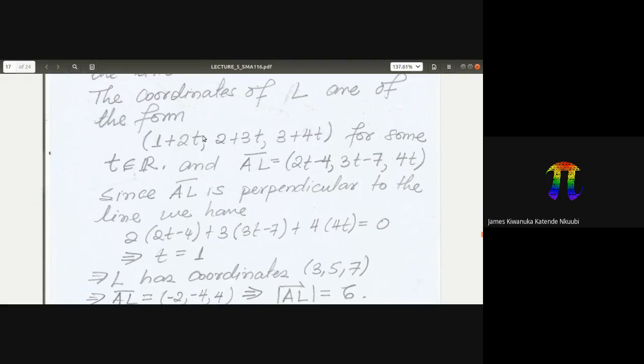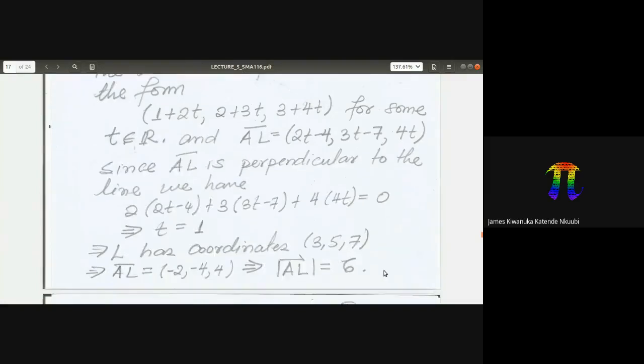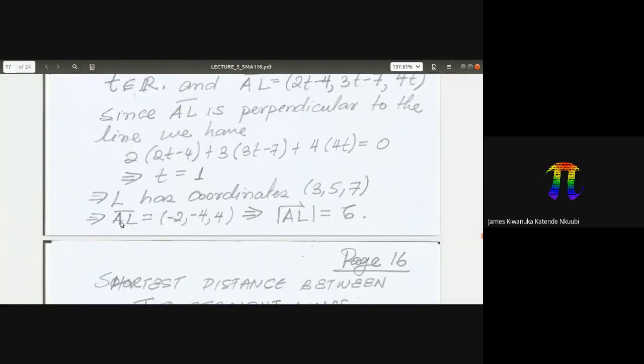So you can come back and replace t here to obtain the coordinates of L. And you will find that L has the coordinates 3, 5, and 7. What was of interest was the length from A to L. So the position vector for A to L will be minus 2, minus 4, and 4.